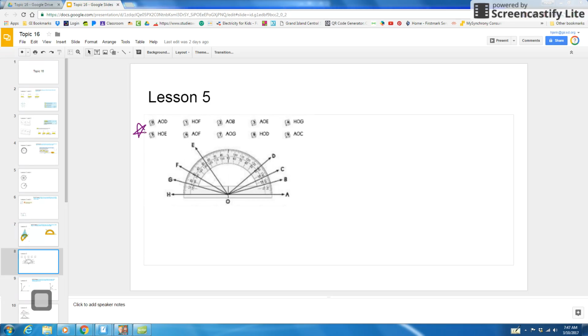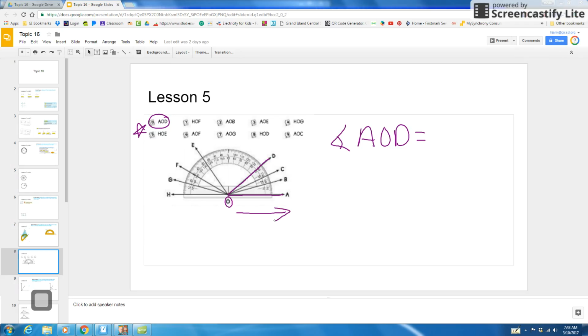And notice all of them have an O in the middle because the O is that middle endpoint where they all meet. So let's do the first one. Let's do angle, remember, you write it with the angle, A, O, D. So I see my A, I go to my O, and I see my D. Now because my angle's facing this way, I'm going to use that bottom portion.